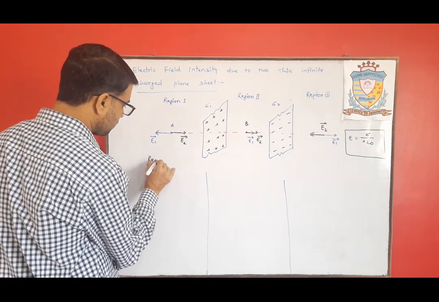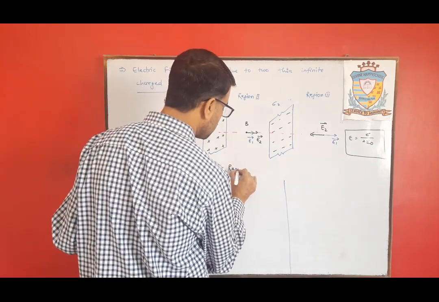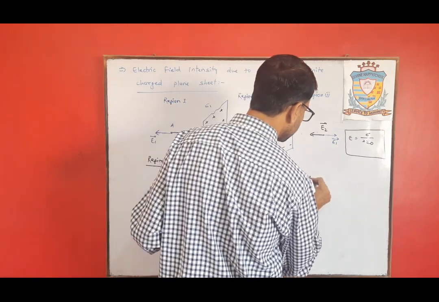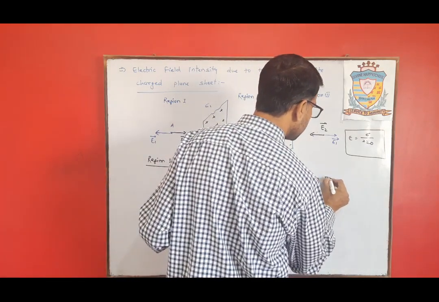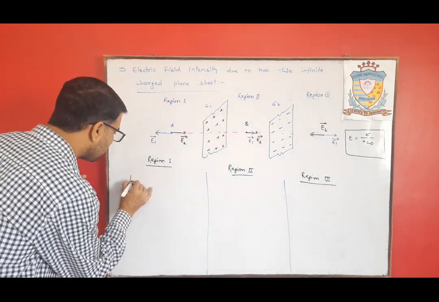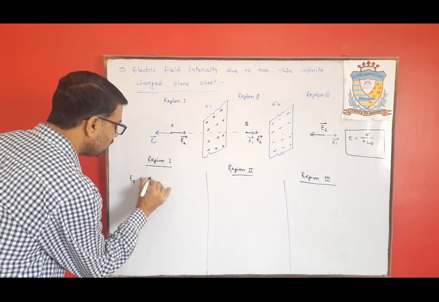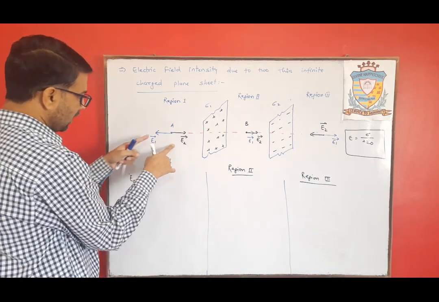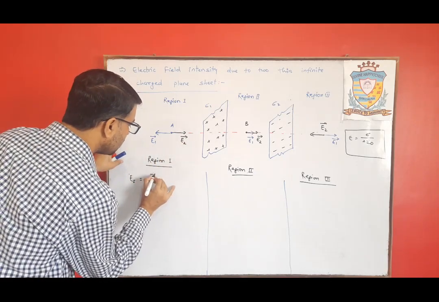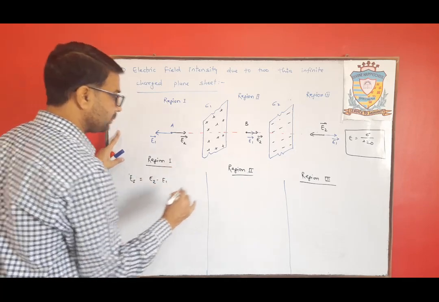Okay. Now we'll calculate region 1, region 2 and region 3. As we know, the total electric field intensity E in region 1 is equal to, here you can see if this direction is negative, this will be positive, that means E2 minus E1.